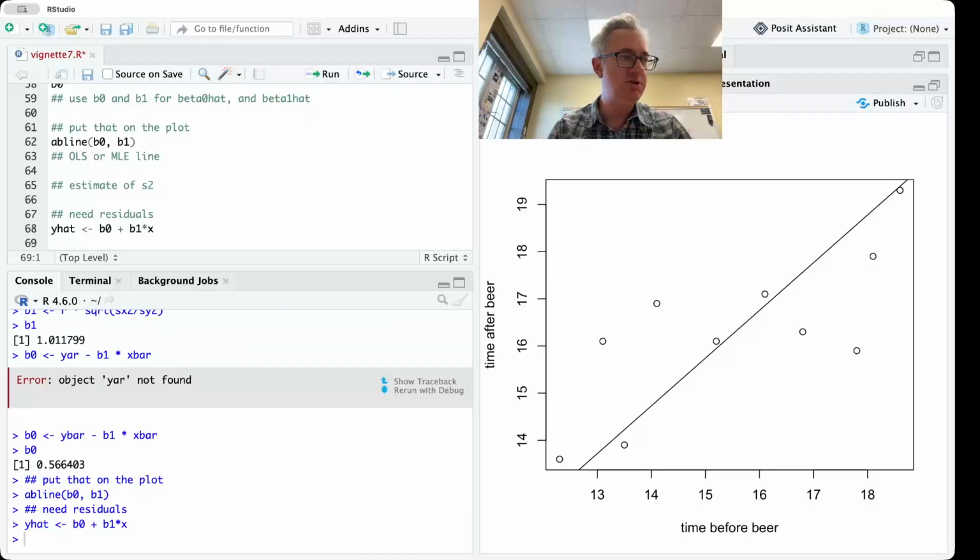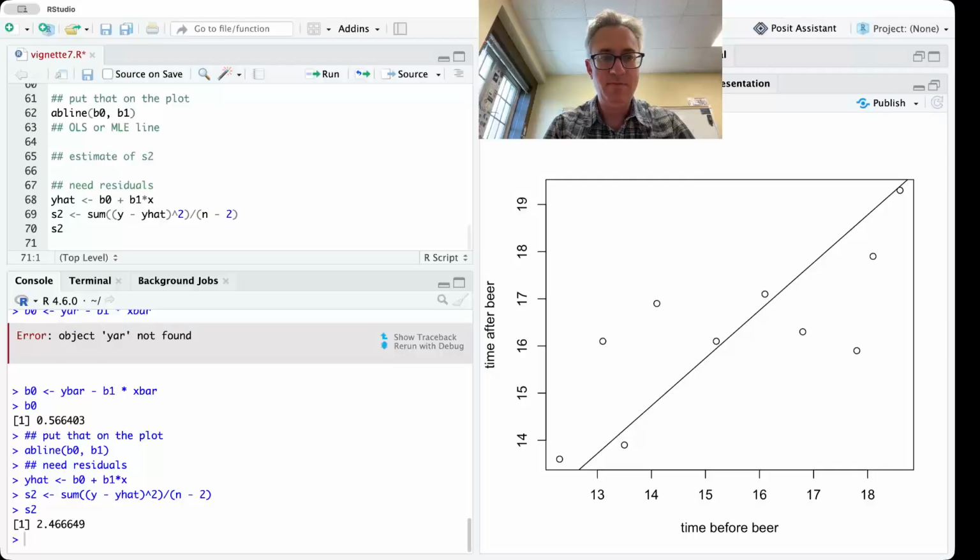So really this is just putting the estimated parameters into the linear equation. And then I can estimate s squared as the sum of squared residuals versus data values, divided by n minus 2. Okay, so there's my estimated variance.